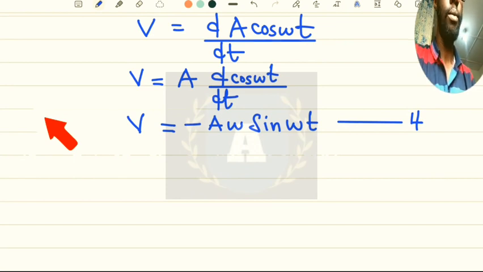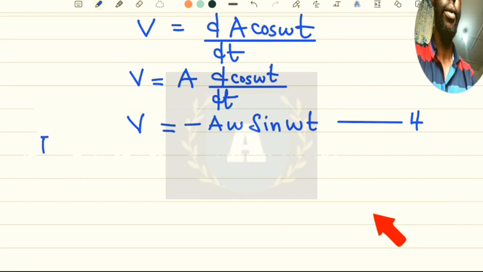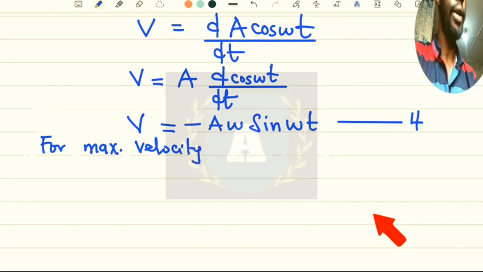Now, for maximum velocity, or when velocity is maximum, sine omega t will be equal to 1, unity.